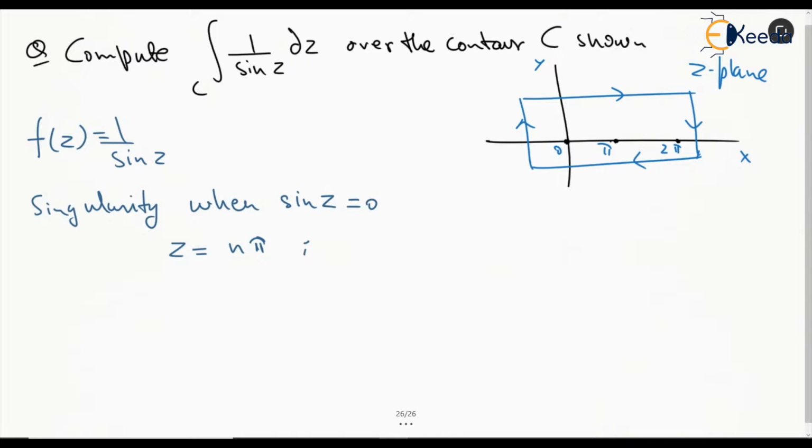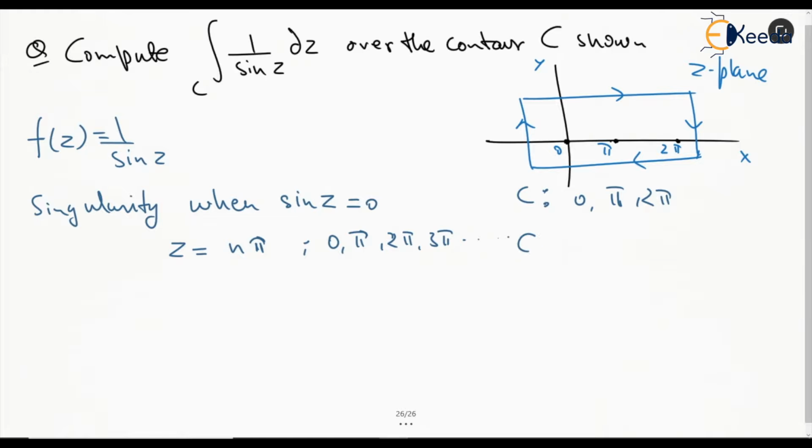That is, it can be 0, it can be pi, it can be 2 pi, 3 pi, and so on. And we can see the contour provided contains 0 also, pi also, and 2 pi also. So these three are the singularities within the curve.